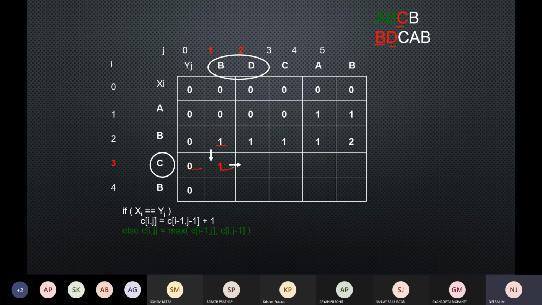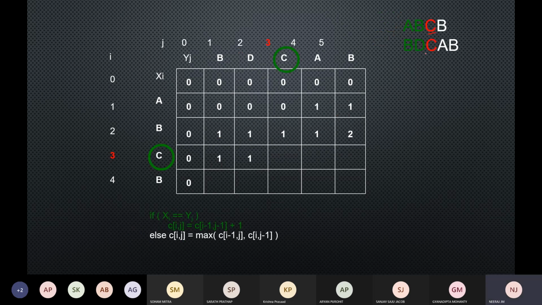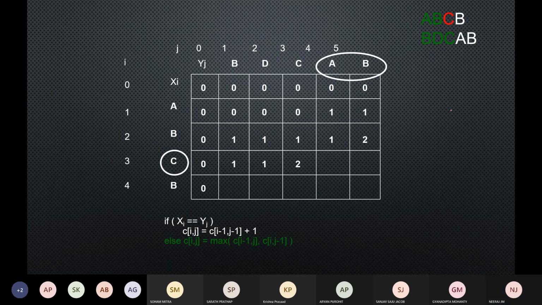No. Max of previous elements, 1. And next we go towards C comma C, where yes, they are equal. What do you do? Add 1 plus diagonal. The diagonal is nothing but 1. Now 1 plus 1 is 2. Then you go towards A and B. That is nothing but max of 1 comma 2, which is 2, and then you have max of 2 comma 2, 2.